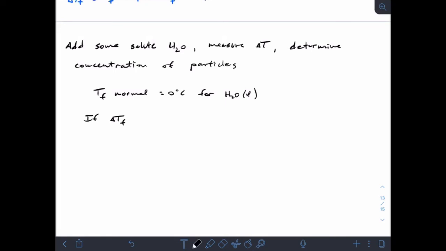If our delta TF equals negative 1.94 degrees C, and Kf, our constant for water, is 1.86 degrees C per molal.